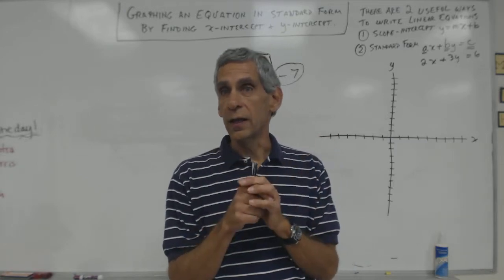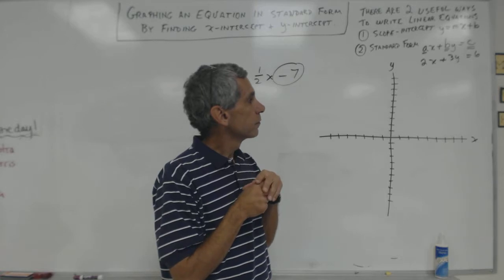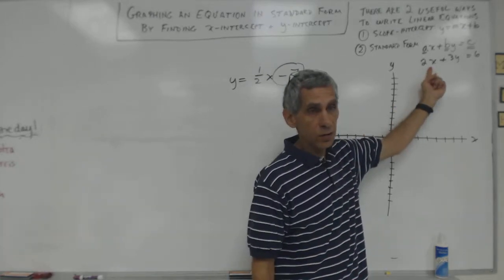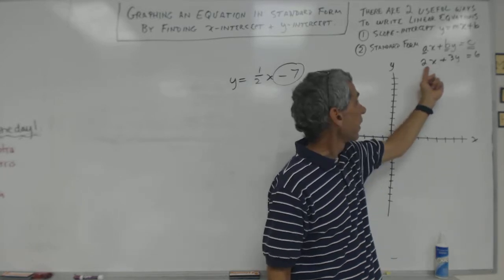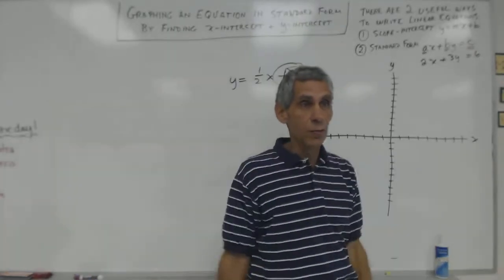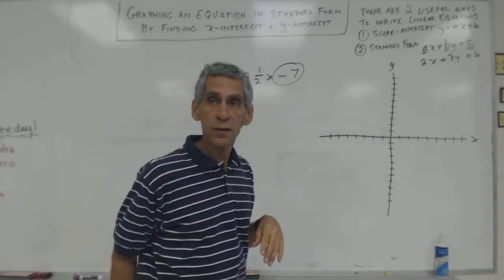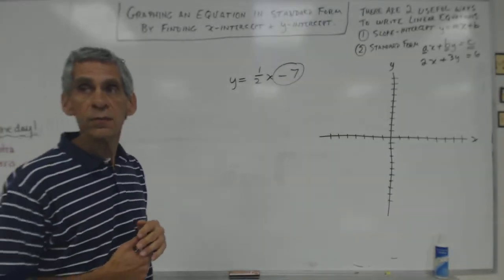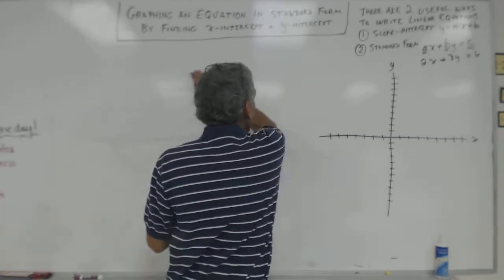You could have x be 0 and y be 2. You could have x be 3 and y be 0. And then there's an infinite number of other possibilities. That's why we draw a line. Okay, great. So I'm going to show you how to graph these.